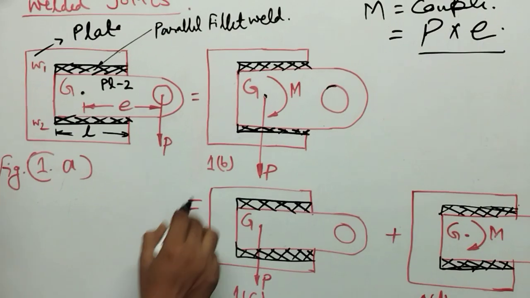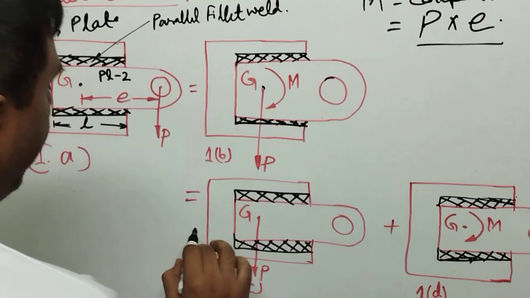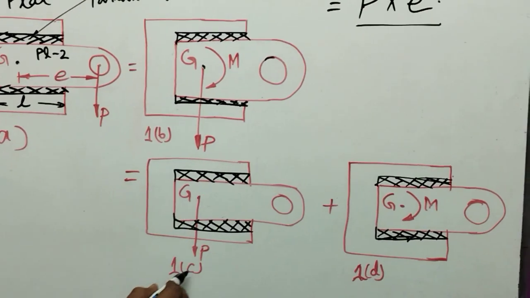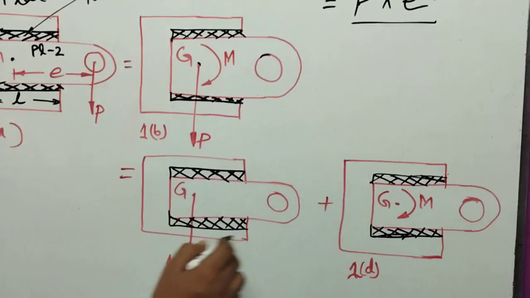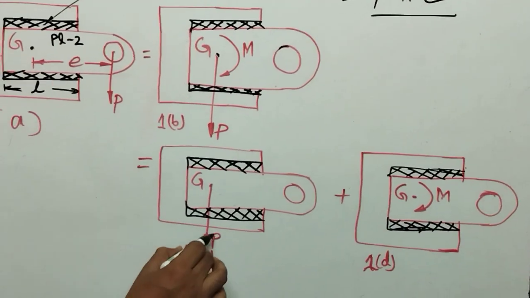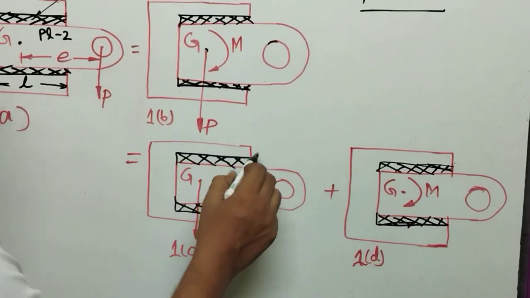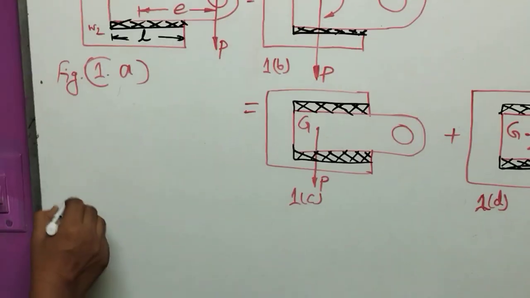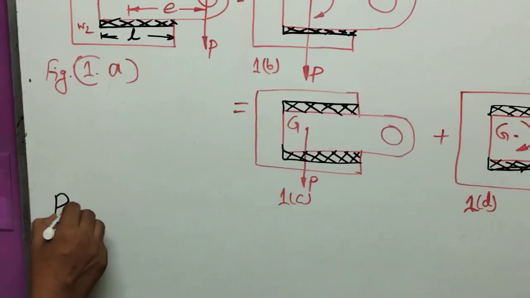Therefore, this figure is divided into two parts. The first part is the load by P and the other part is the load by the couple. P is applied as a direct stress, which is known as the primary stress.